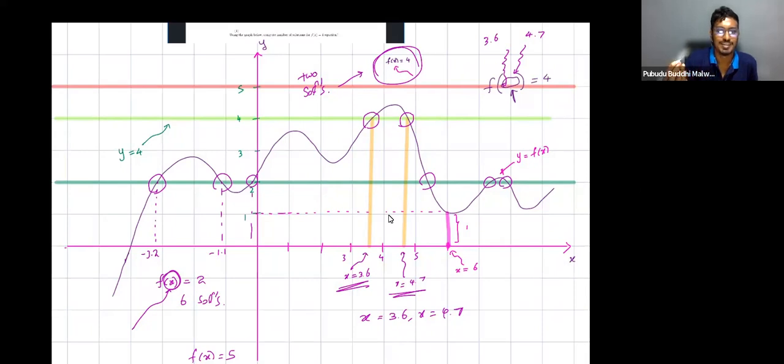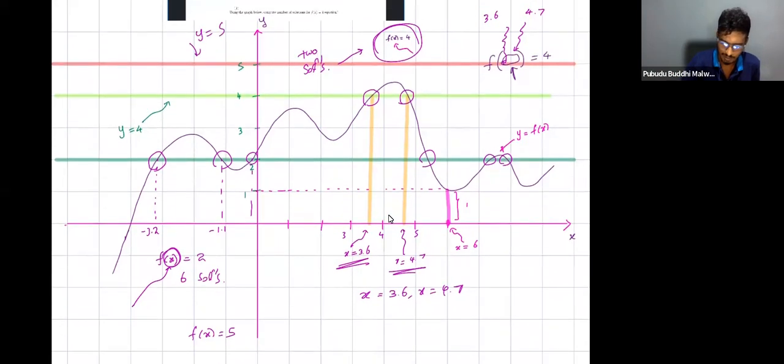Therefore, 0 intersection points, so no solution. It doesn't matter what x values you use, you won't be able to achieve that height. Clearly the curve is below that height. So this is y equals 5: no solutions.